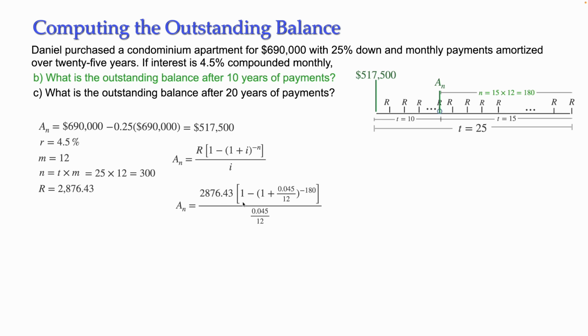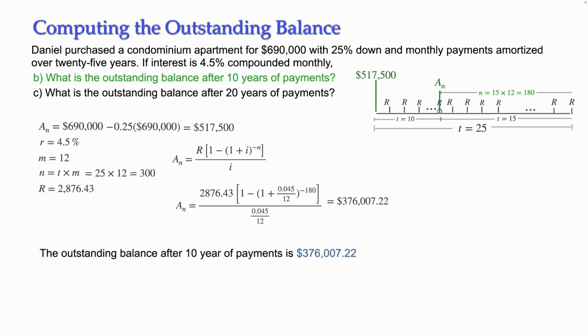2876.43 multiplied by 1 minus (1 plus 0.045 divided by 12) to the power negative 180, divided by the periodic interest. Okay, put all these numbers into your calculator and you will notice that it will be $376,007.22.